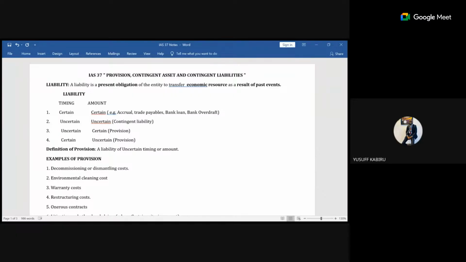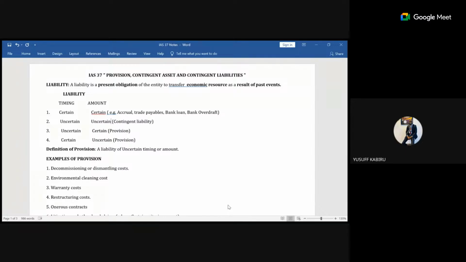Let me cite a very good example. A situation whereby you enter into a contract with a person. Let me use this simple example: a court case.